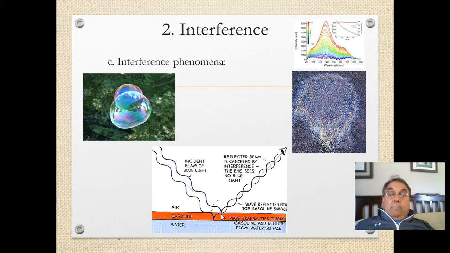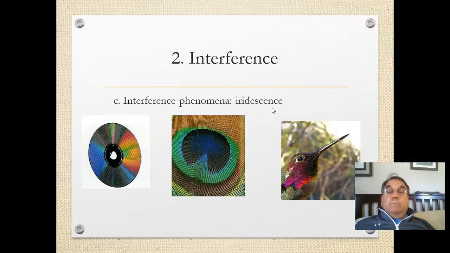And because of the refraction of the gasoline as it travels through and at different depths, you're going to get different interference patterns. Some cancel out all but the blue light, some cancel out all but the violet light, some cancel out all but the yellow light, and so on. So you end up with a dispersion of light called iridescence, much like this.